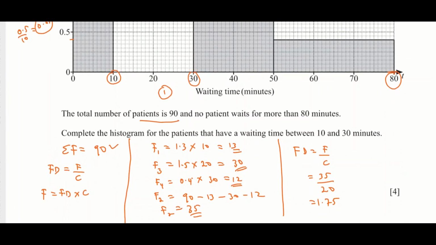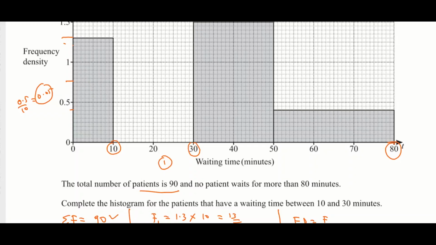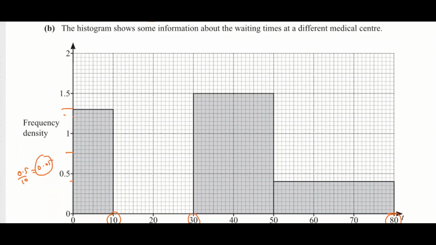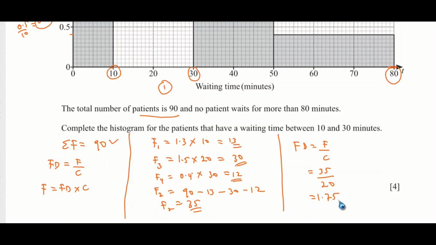Okay, so we need to draw the bar now. For this, it has to go to 1.75. So this is 1.5. If you want to get this 1.75, how many lines will give you 1.75? It's easy.